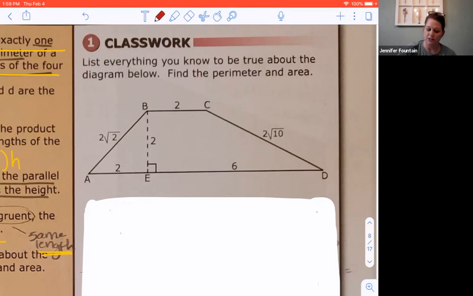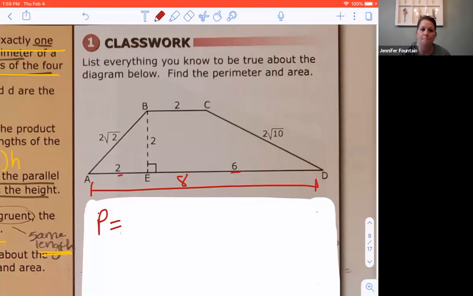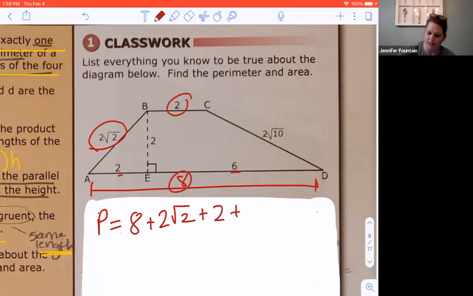Okay, so that's what we're going to work on now. The first thing let's do is let's look at the perimeter. If I look at this side all together, notice this one's 6 and this one's 2. So the whole entire thing is 8. Okay, so I've got 8 plus 2 times the square root of 2 plus 2 plus 2 times the square root of 10. So the perimeter equals, this is where I start looking at like terms.